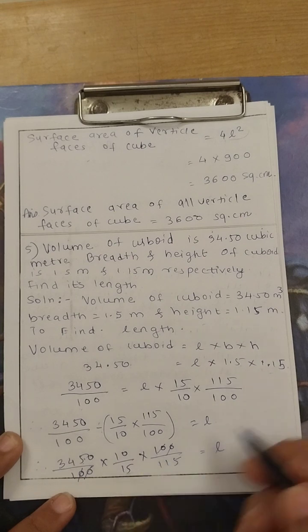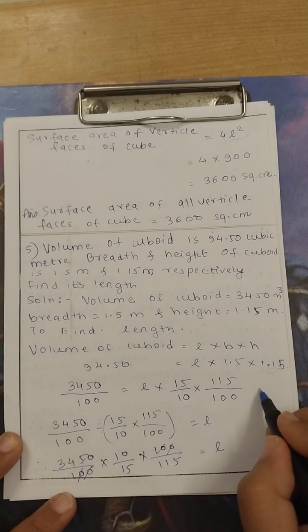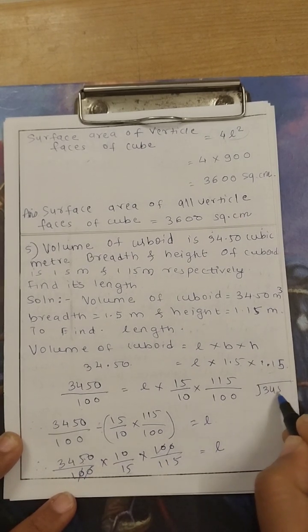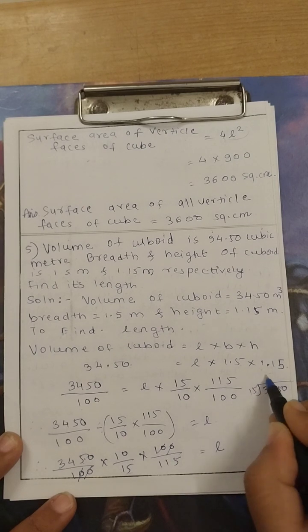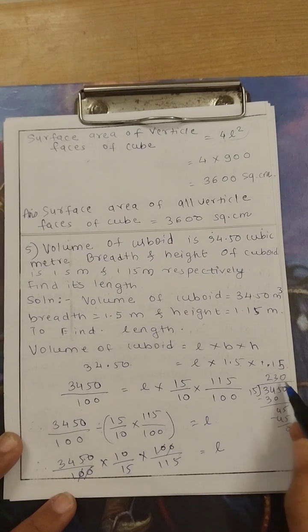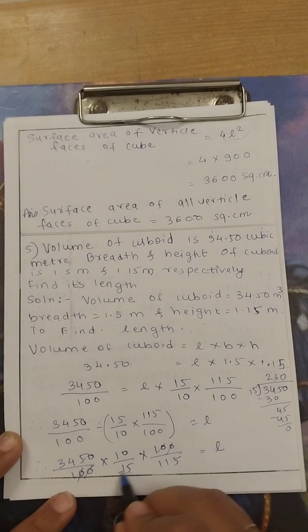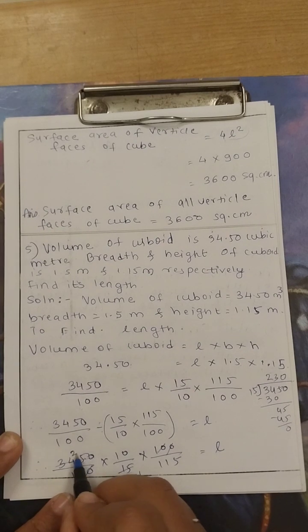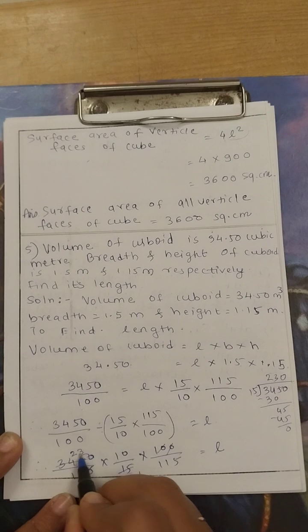3450 divided by 15. 15 2s are 30, 15 3s are 45, answer is 230. 15 1s are 15. 3450 divided by 15 is 230.